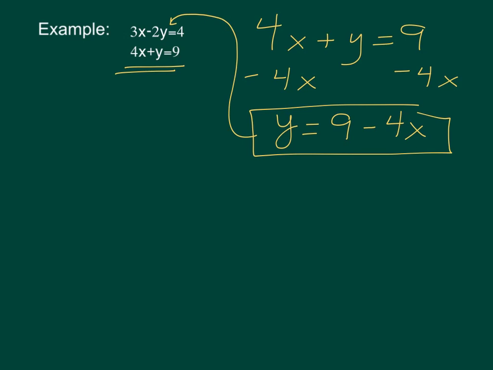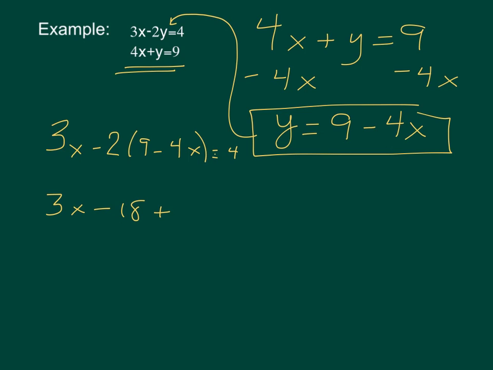The idea here is to solve for one of the variables, and it's very easy to solve for y in this case. So we plug it in and get 3x minus 2 times 9 minus 4x equals 4. Then we'll use some algebraic skills. Minus 2 times 9 is minus 18.